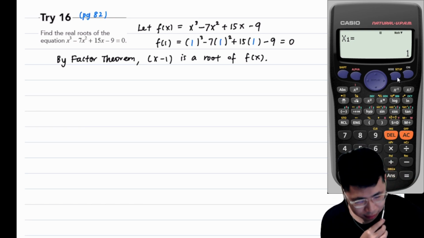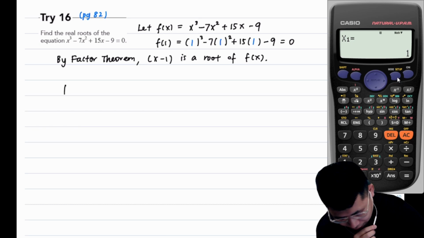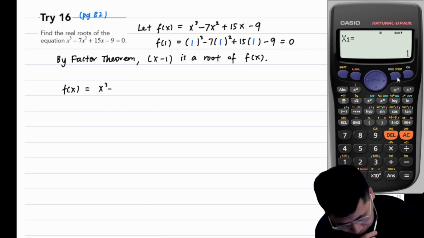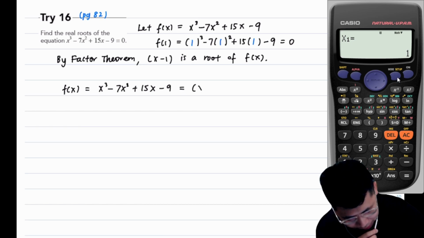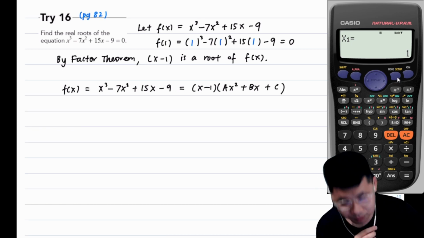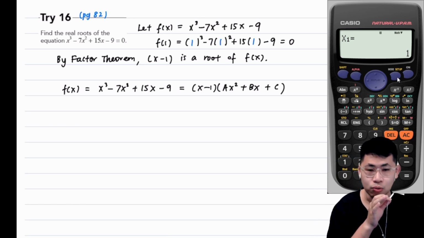Okay, so over here I will have to express f(x) as x cubed minus 7x squared plus 15x minus 9, and I need to write this as x minus 1 times a quadratic factor, degree 2.